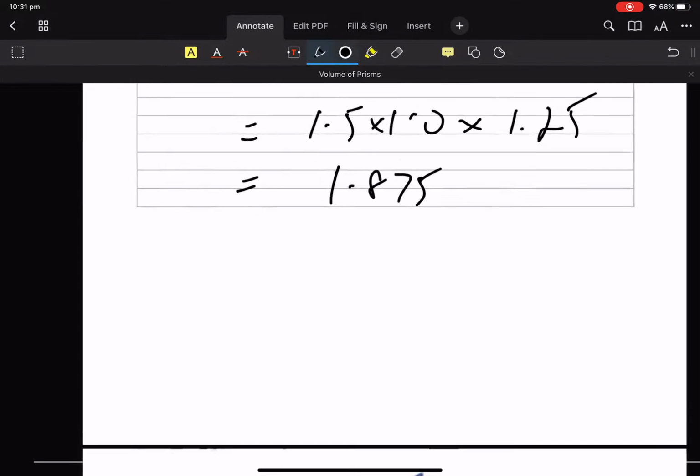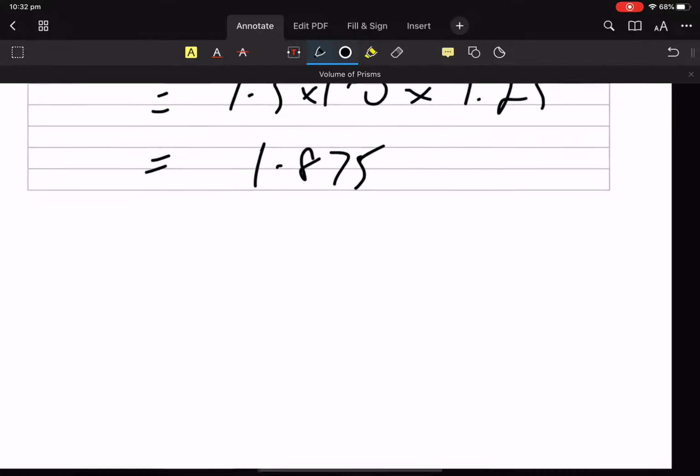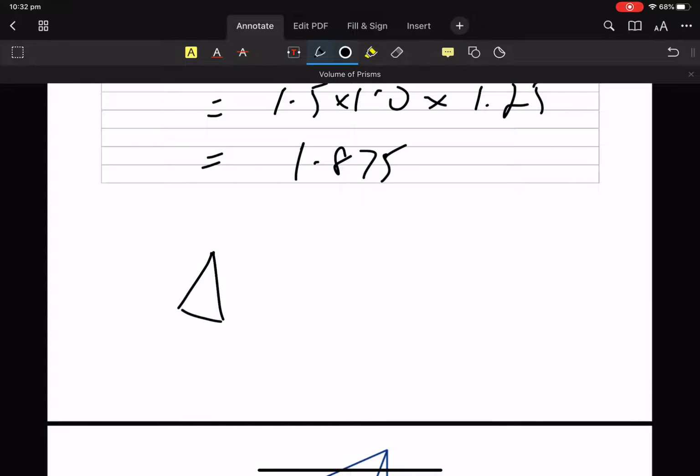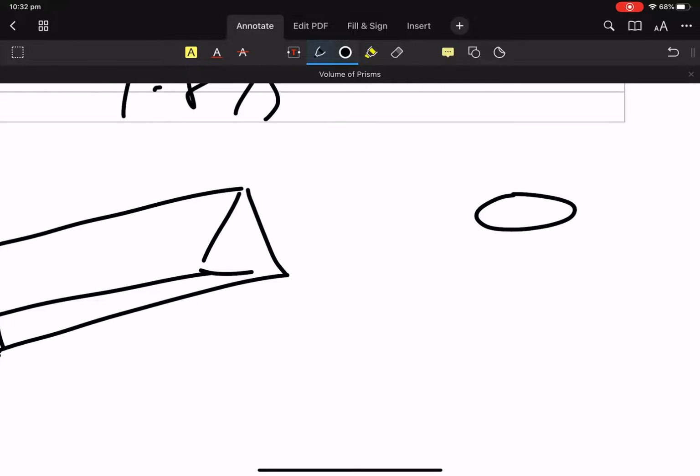A prism is any shape that's the same on either end and connected with straight lines. So I can do a triangular based prism, 2 triangles on either end and just, so that's a tent. Another prism would be 2 circles and I draw it with straight lines.